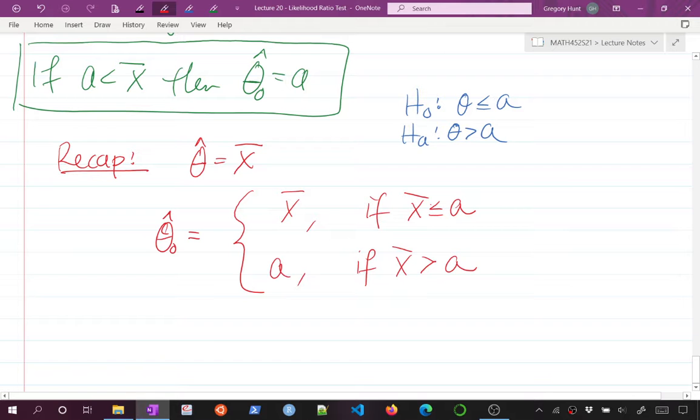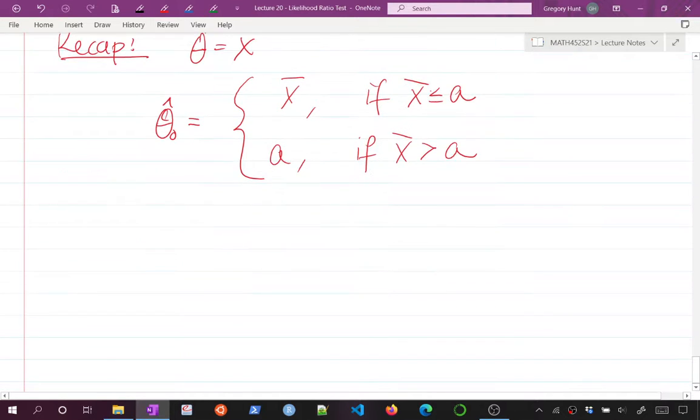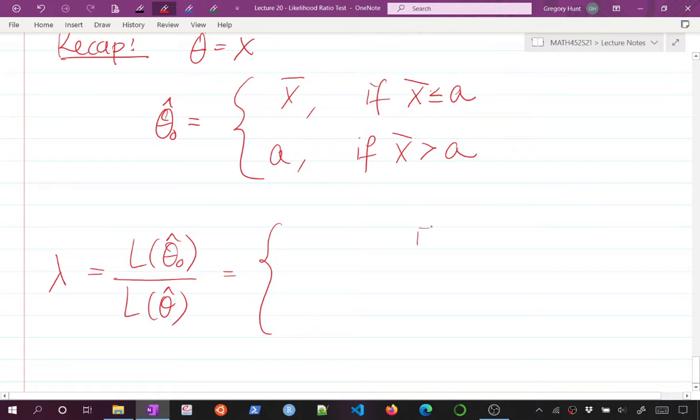In any case, we derived that our MLE is A. And so we wanted to derive the likelihood ratio test statistic, eventually the likelihood ratio test. This thing is L of our restricted MLE over L of our overall MLE. And so this will take on one of two values: if x bar is less than or equal to A, versus if x bar is bigger than A.